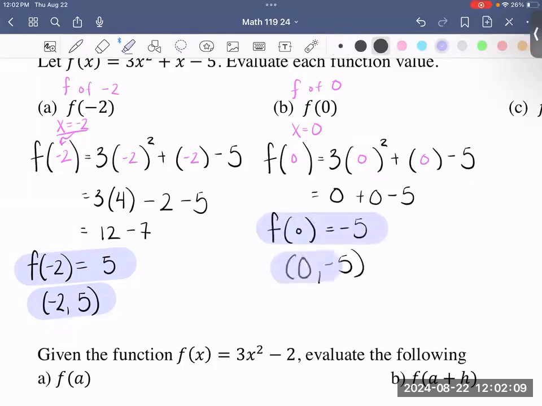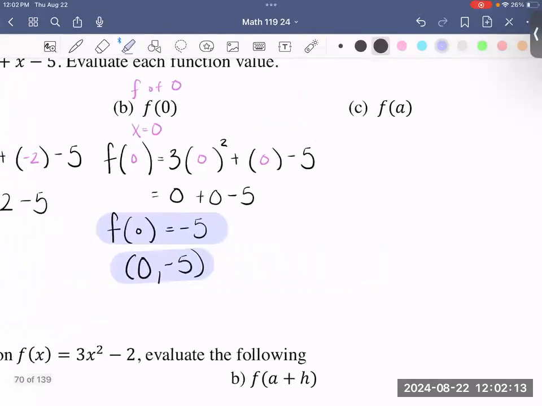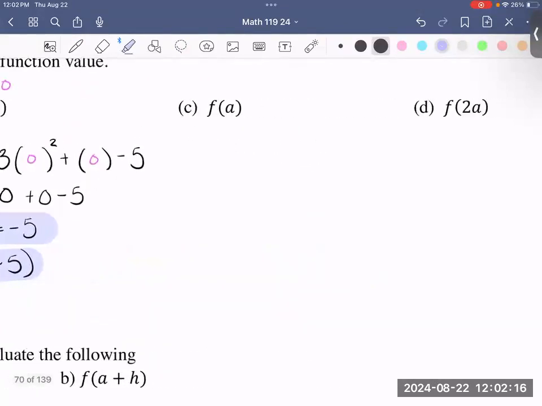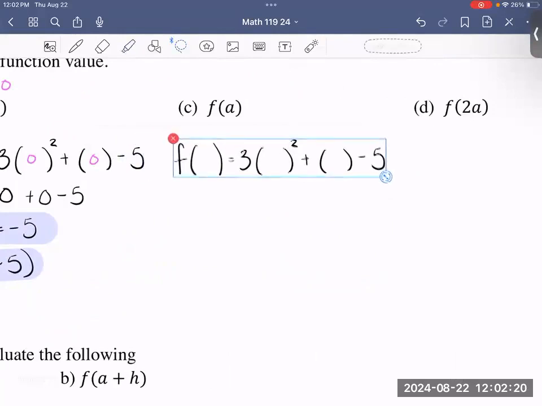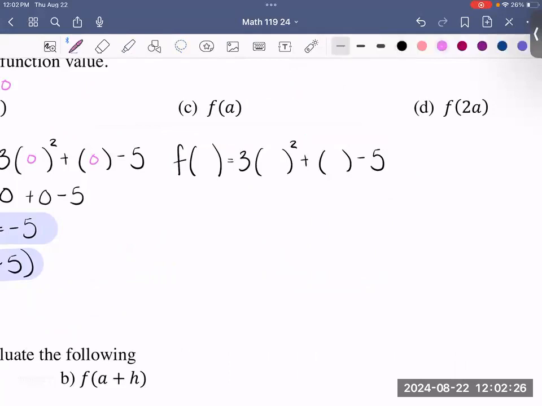Either of those answers is acceptable. Now, C and D might be a little weird because we're not actually putting in a value. We're actually just replacing your x with another variable. But the process is the exact same. This is just saying what happens when we switch x to a. So x to a is just as such.